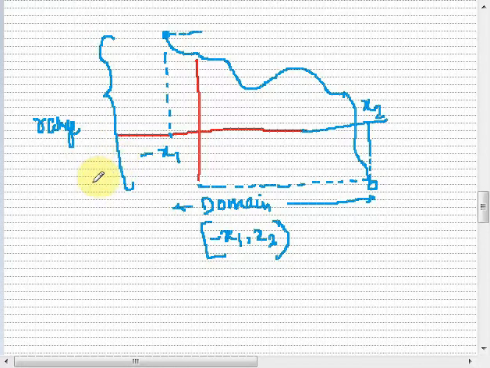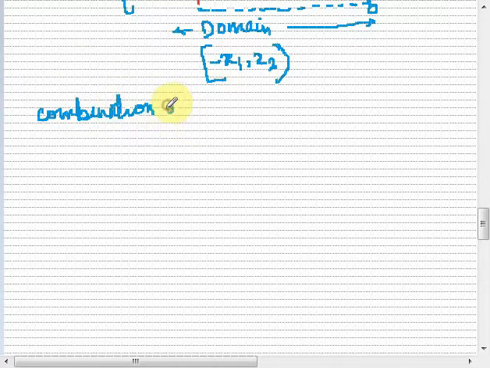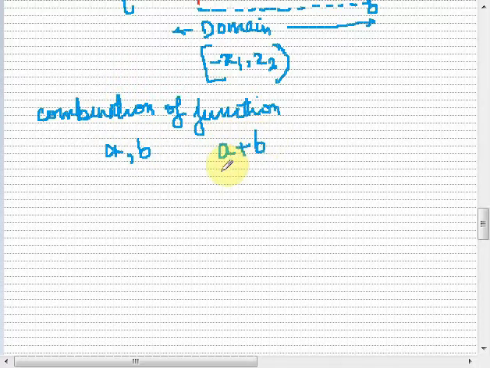Now we are moving towards a combination of functions. We know that if there are two real numbers, a comma b, we can combine them in the form a plus b, a minus b, a into b, a divided by b.